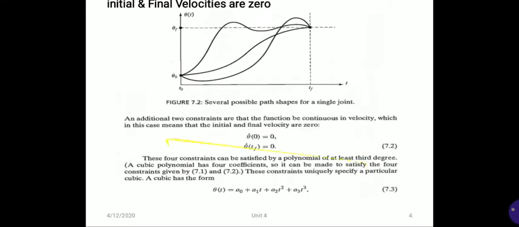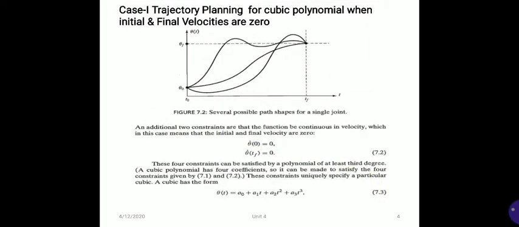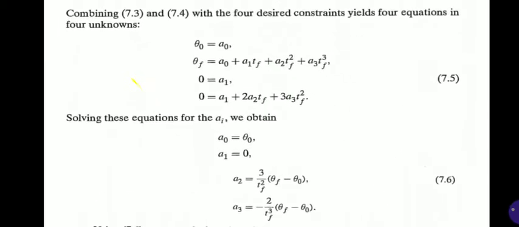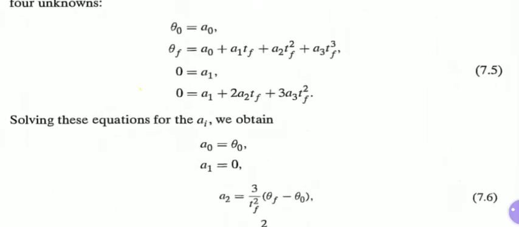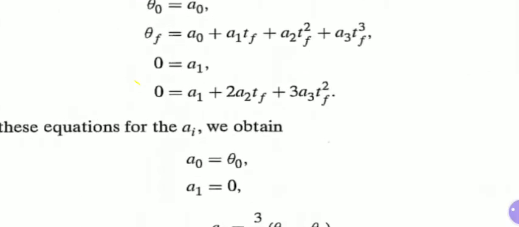Let us discuss how we can determine these values. If I substitute theta dot of 0, I get a1 equal to 0. The remaining two equations I can solve for the values of theta f.